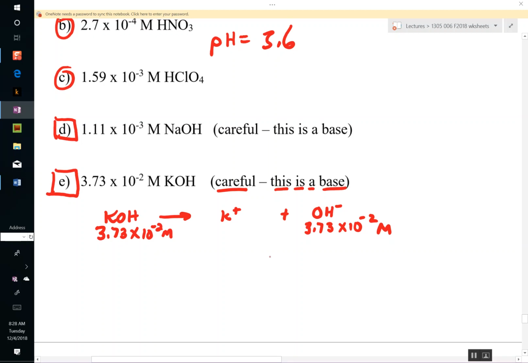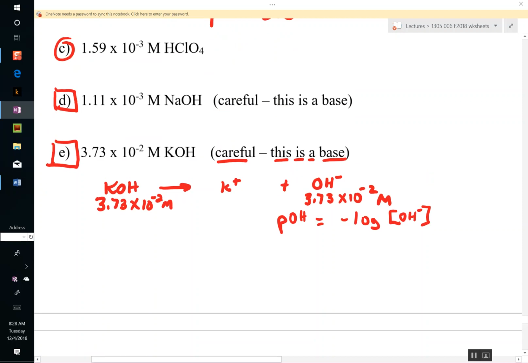So the pOH, not the pH, the pOH is equal to the negative log of the OH ion concentration. So let's get the pOH, and then let's figure out what to do with that.